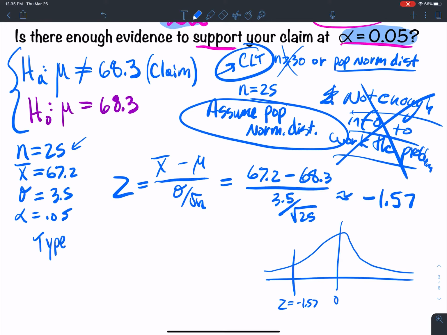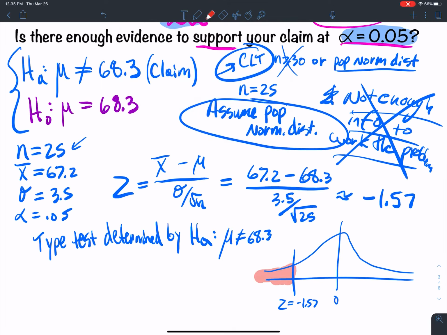The type of test is determined by the HA. What's the HA say? Mu not equal to 68.3. So that means mu could be bigger than 68.3 or less than 68.3. So this type of test is a two-tailed test.